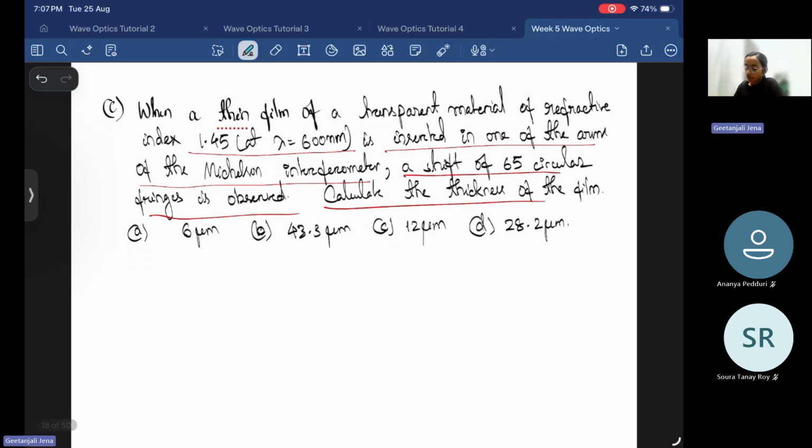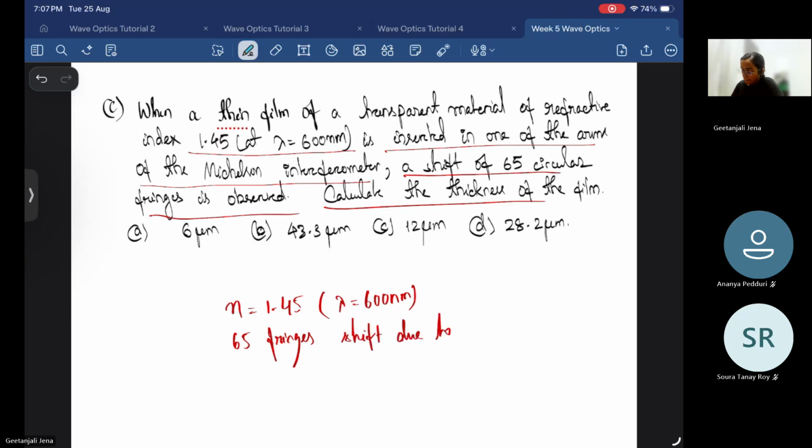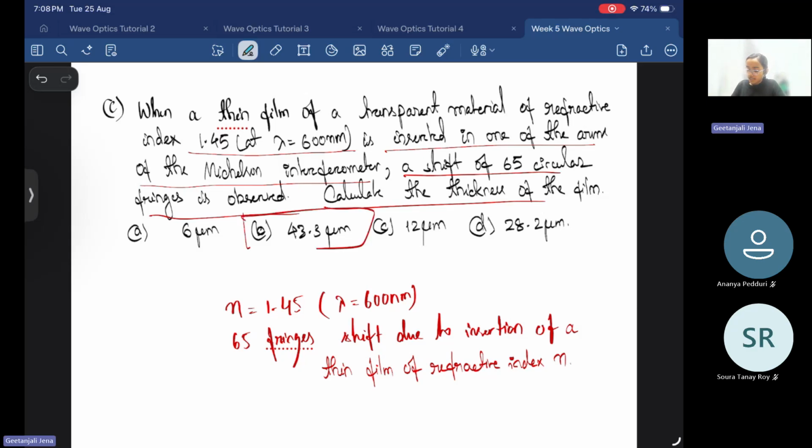So we are inserting a thin film of transparent material with refractive index 1.45 at wavelength 600 nanometer, which is the wavelength we are using for the interference pattern also, and we are getting a shift of 65 fringes. And B, yes, it is correct.